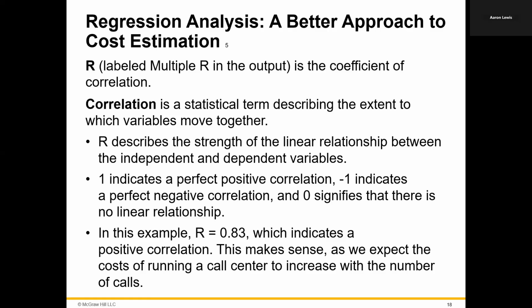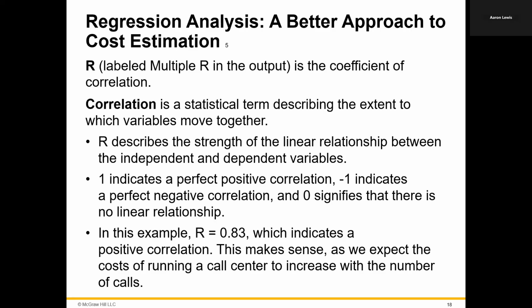So if you have a perfect variable cost, like you're just buying goods from somebody and they cost $5 a piece, the relationship between number of units purchased and the total cost of your purchase, since each additional unit is $5, will be one.